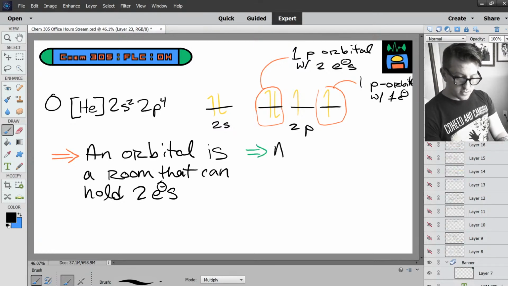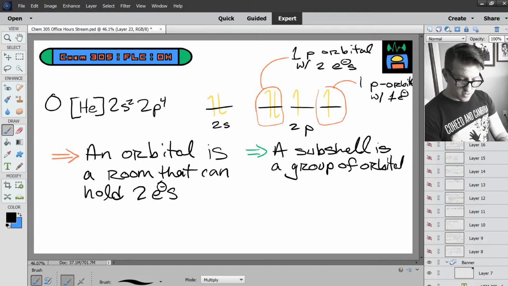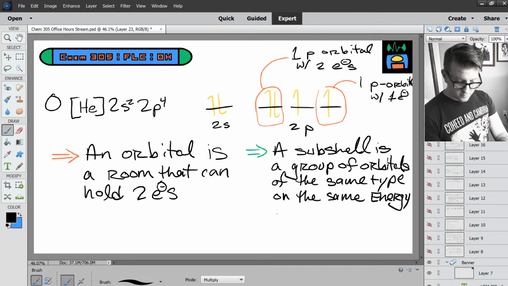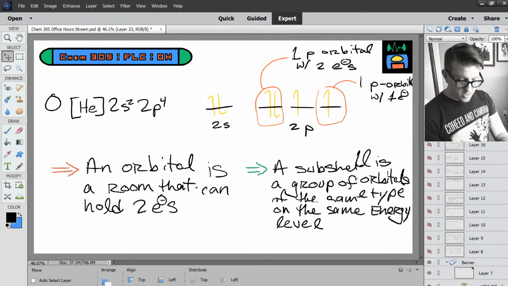A subshell is a group of orbitals of the same type on the same energy level.